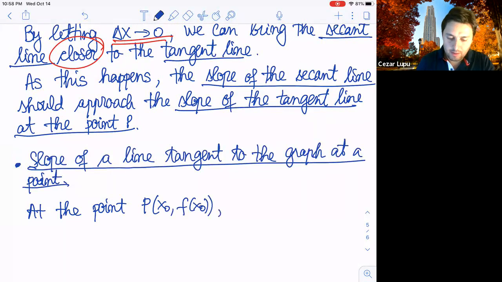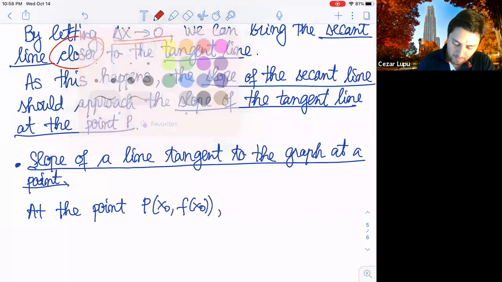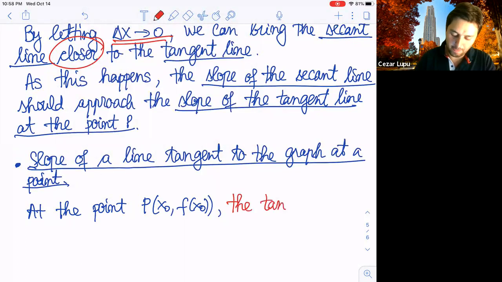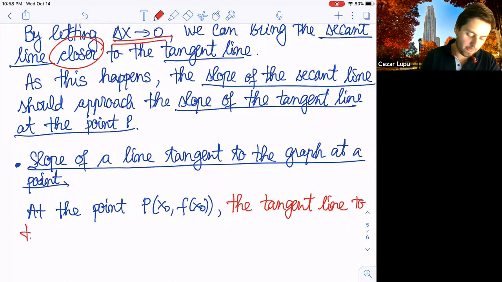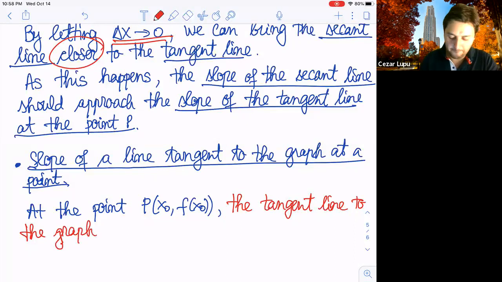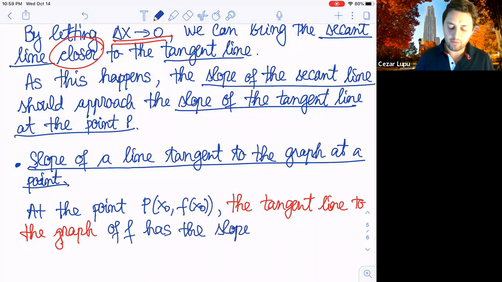So right, we have this point on the graph of the function. The tangent line to the graph of the function f has the slope given by the following formula.